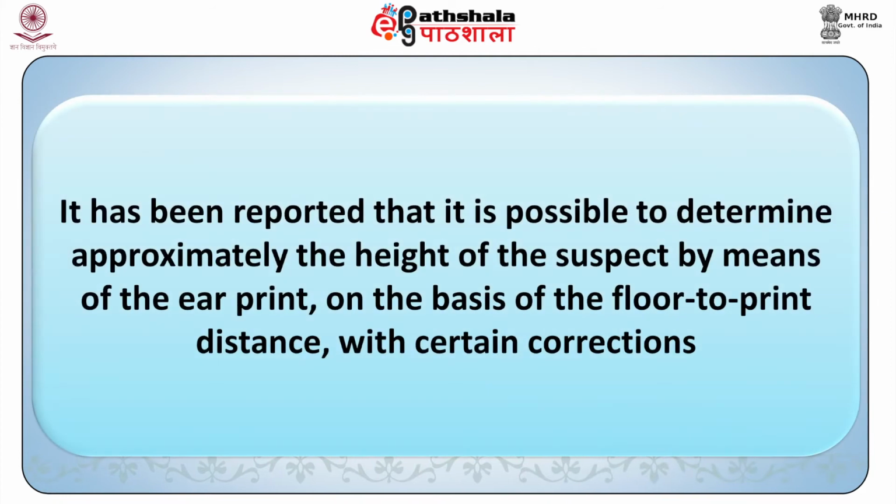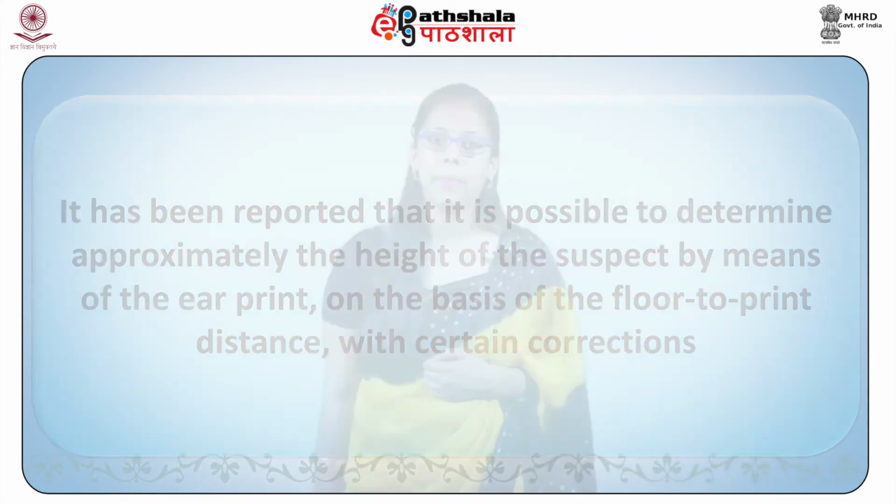It has been reported that it is possible to determine approximately the height of the suspect by means of the ear print on the basis of floor to print distance with certain corrections. Once the latent print from the crime scene, that is the unknown print, has been developed, we must compare it with a print of the ear of the suspect, that is the known print.